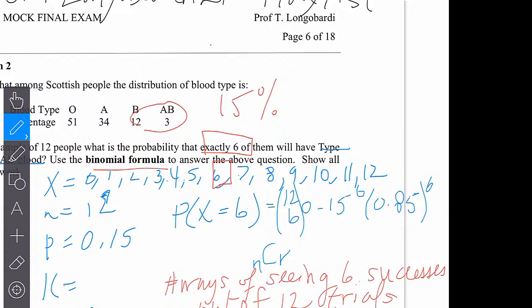Okay, so that is calculated thinking about how many ways, if you have 12 possibilities, is that 12? It's 1, 2, 3, 4, 5, 6, 7, 8, 9, 10, 11, 12.